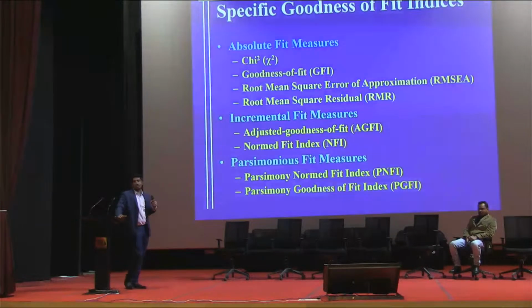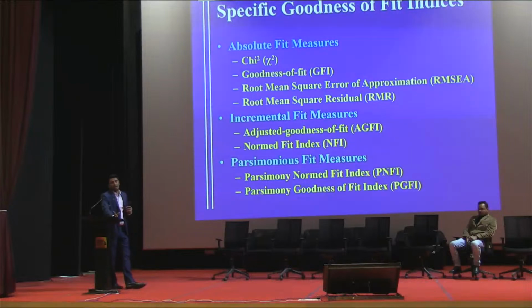In this case, the threshold value should be less than 0.05, or for moderately fit models, we can go up to 0.08. Same thing with RMR and SRMR. We want values less than 0.05, or at the max, up to 0.08.